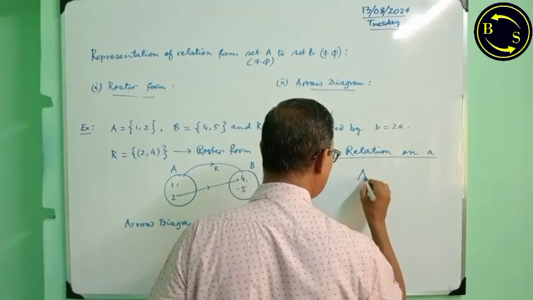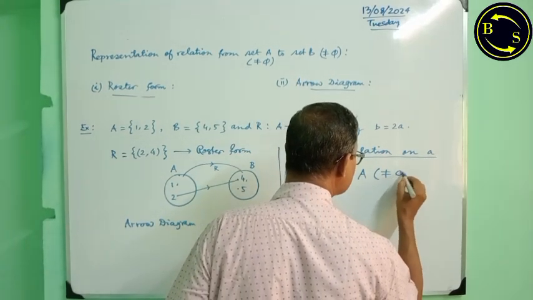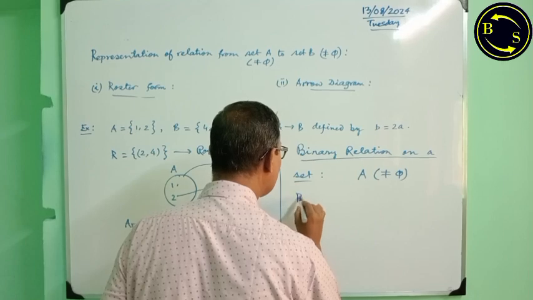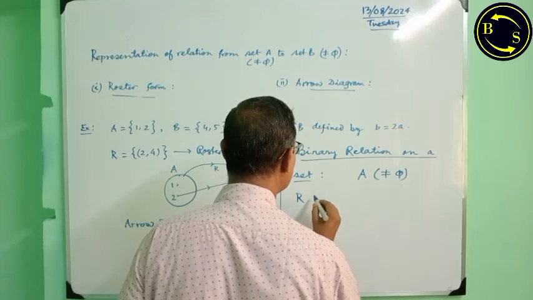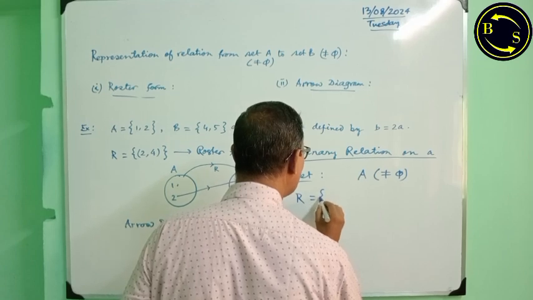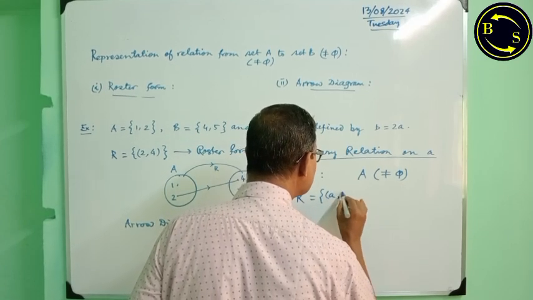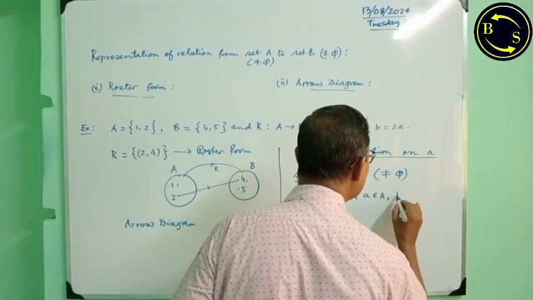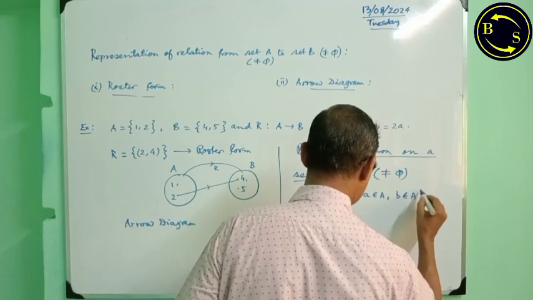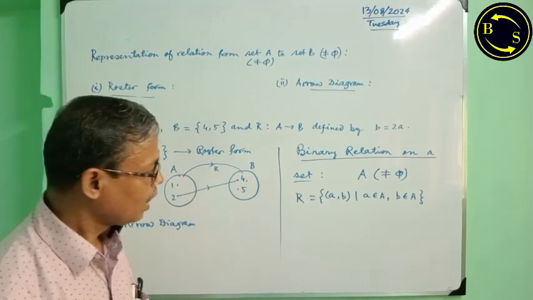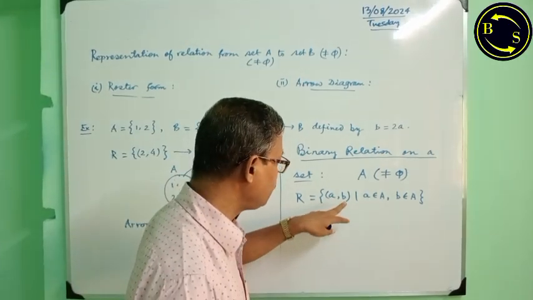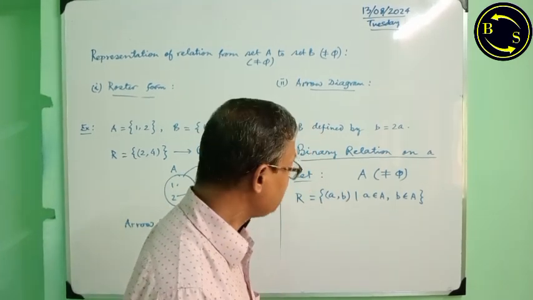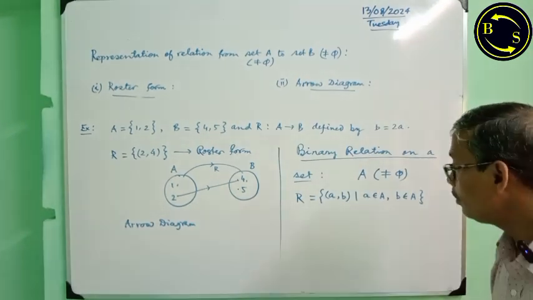Let A be a non-empty set, then a relation R having ordered pairs (a, b) such that a is a member of A and b is also a member of A. That means the first component and second component of the ordered pair both are members of the same set A. In this case, we call it a relation on a set.